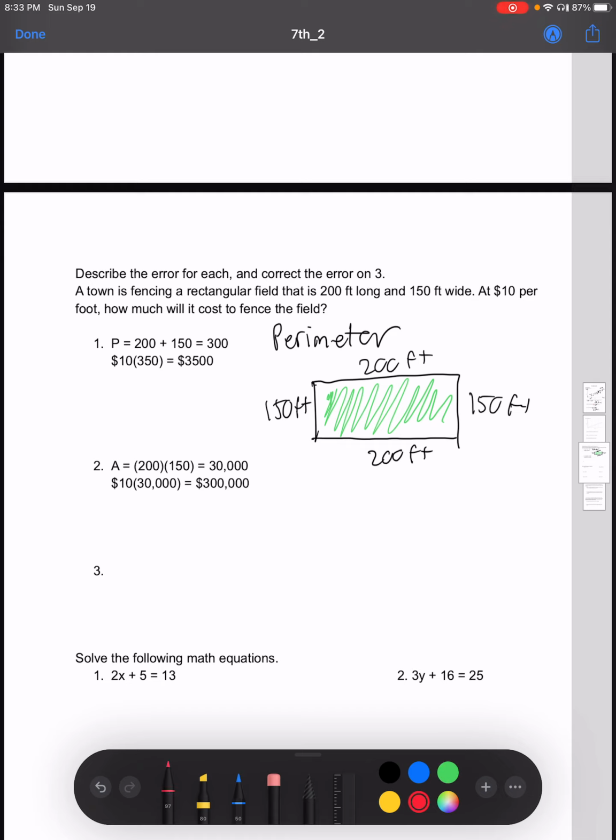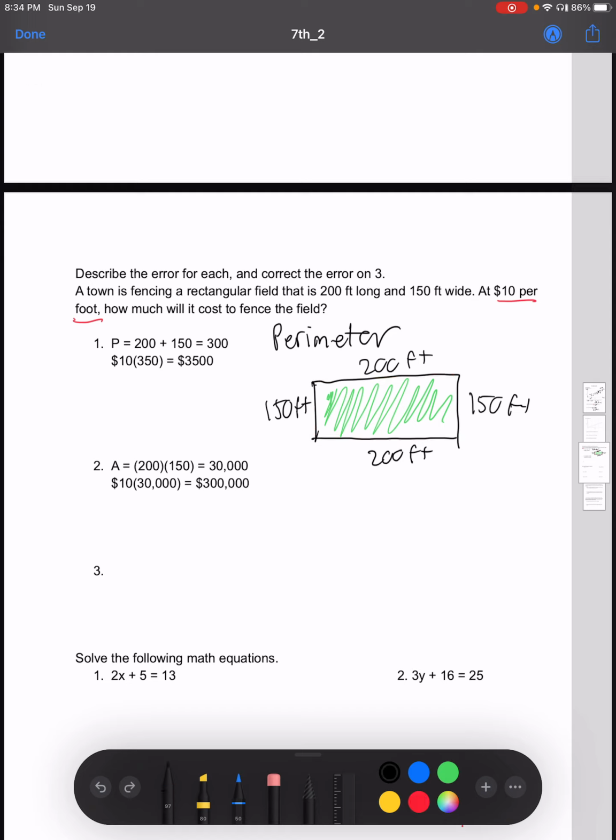We also know that it costs $10 per foot to fence it. So if we were to try to find the perimeter, what they're doing here is incorrect. They're only using one 200 and one 150, when in reality, the perimeter would have to include another 200 and both 150s. Remember, the perimeter is the total length of fencing we have around the field.